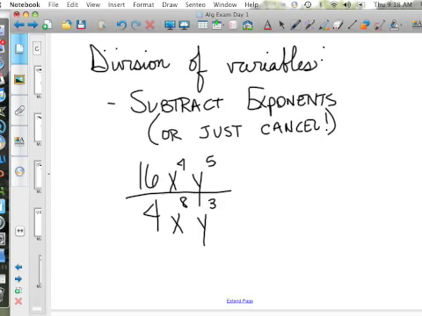So if we look at the coefficients 16 and 4, can they be reduced? Yes. When I look at the fact that I have x's being divided by x's, the question is, where are there more x's, in the numerator or denominator? In the denominator. How many more x's? 4.